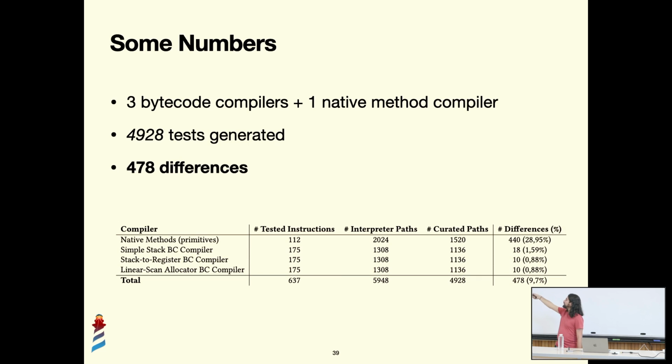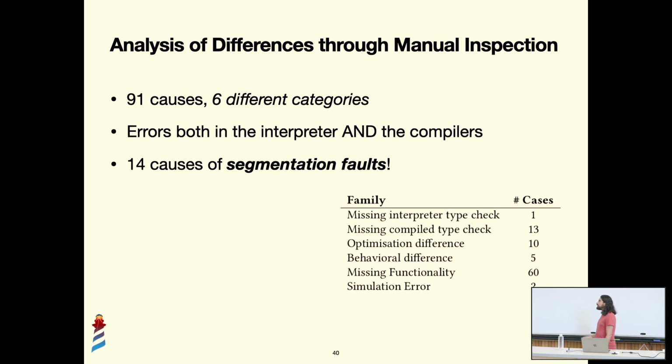To make the story short, we generated around 5,000 tests, and we found 500 differences. We looked at each of those 500 differences by hand, one by one. We found that most of them were caused by 91 different causes, so many of them have the same cause. And we could organize those different causes in 6 categories.